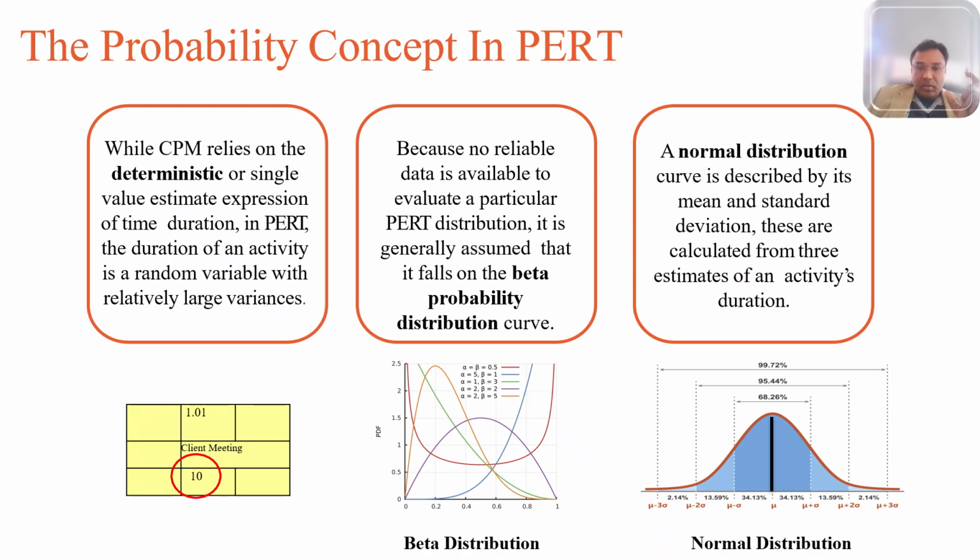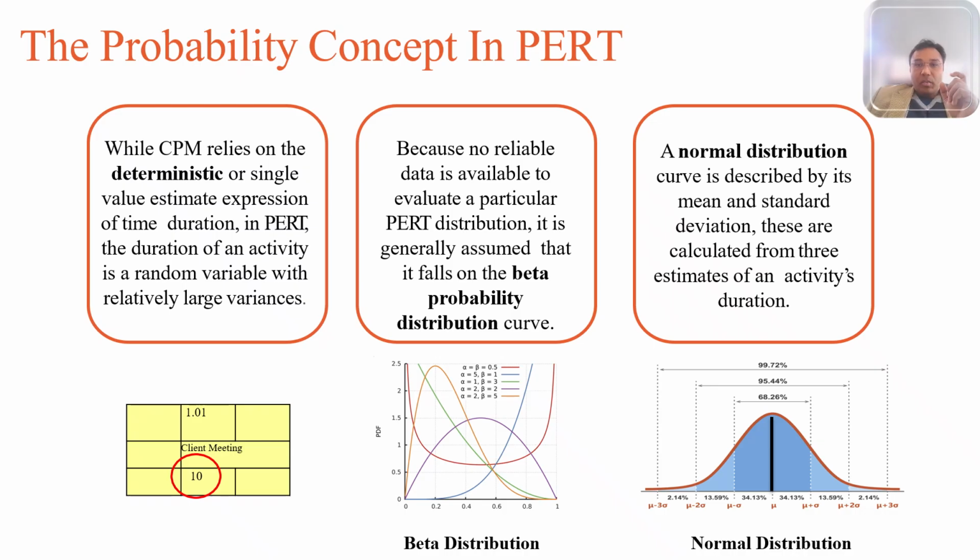PERT assumes the activity duration follows this beta-type distribution because it reflects uncertainty between optimistic and pessimistic time. It accommodates skewness, since activities often take longer than expected, so the distribution may be skewed right.